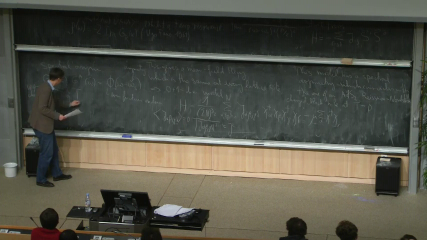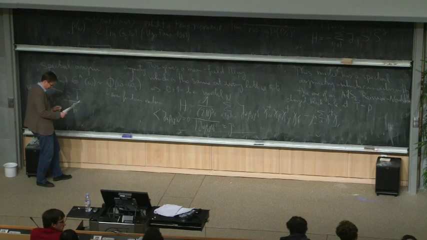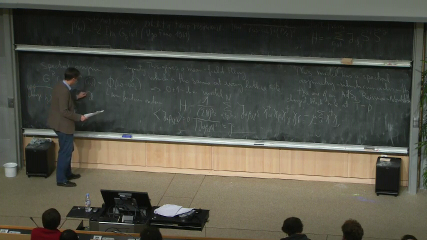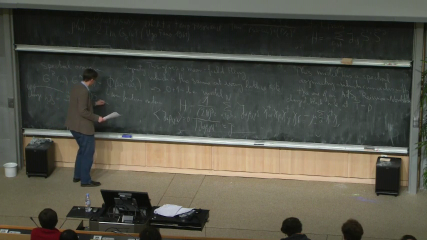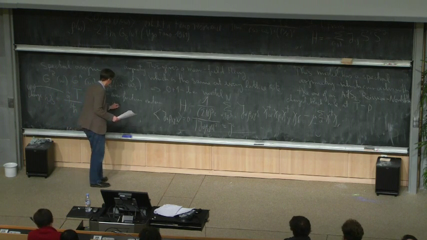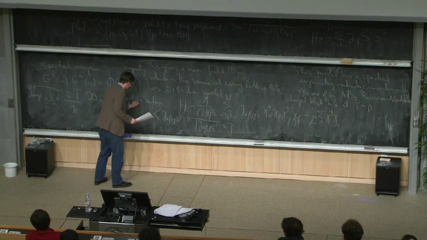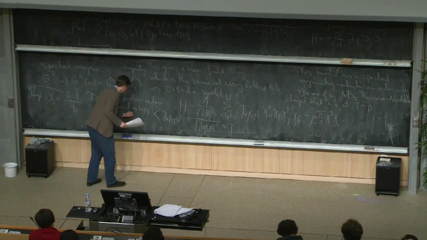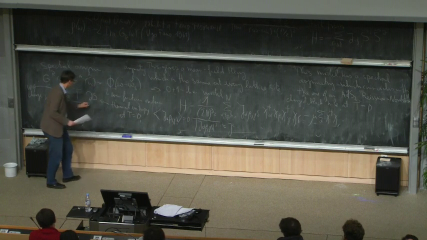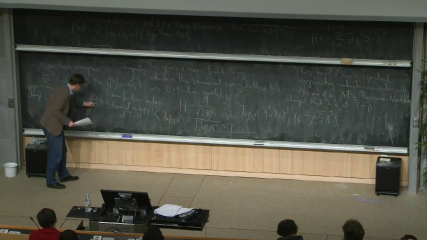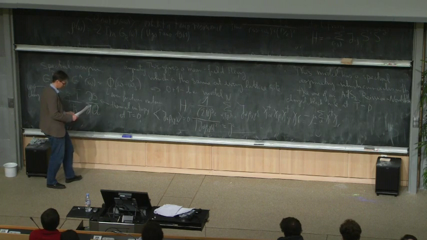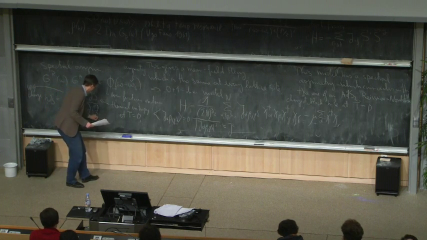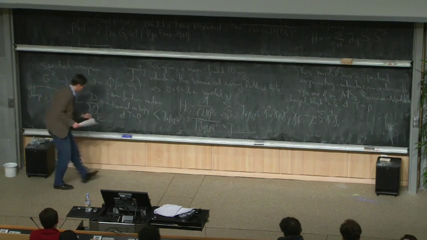Then there's T, h bar, and the variation of the thermal entropy at 0 temperature with respect to some curly Q, and this curly Q is the charge density associated with this.